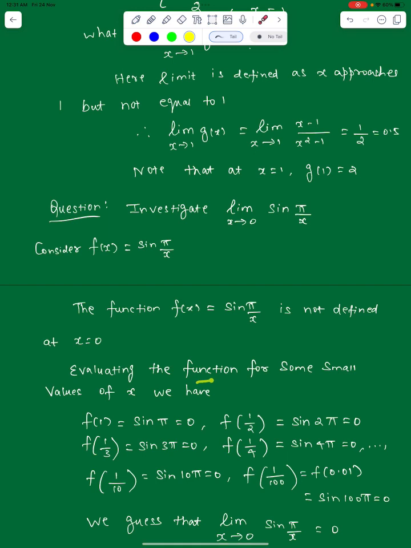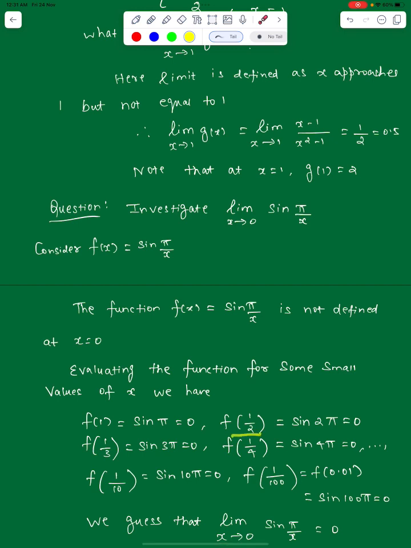So evaluating the function for some small values of x, for example, let us take this function f of x equal to sine pi over x and substitute x value as 1. So what will happen here? This becomes 1, so sine pi is going to be 0. Now let us take 1 over 3 for x, so we will get sine 3 pi.